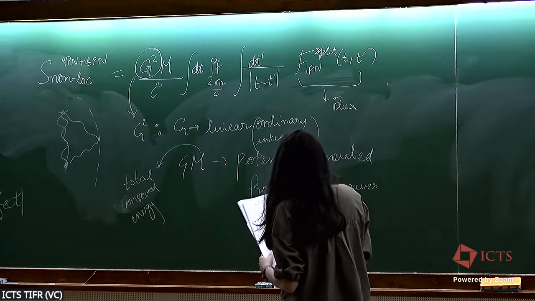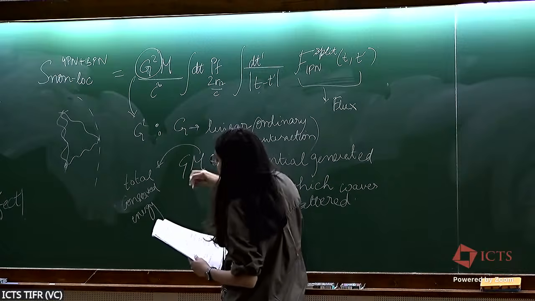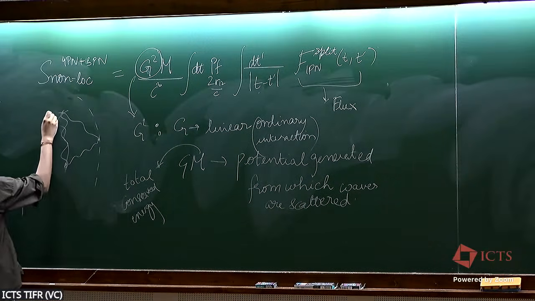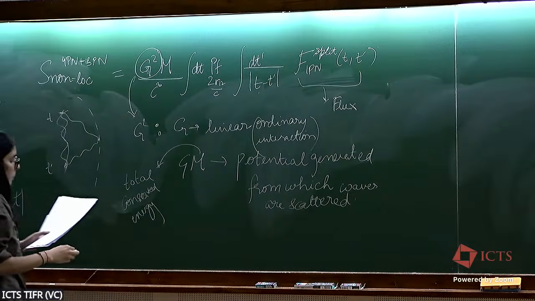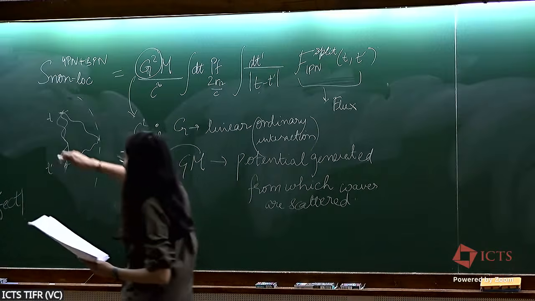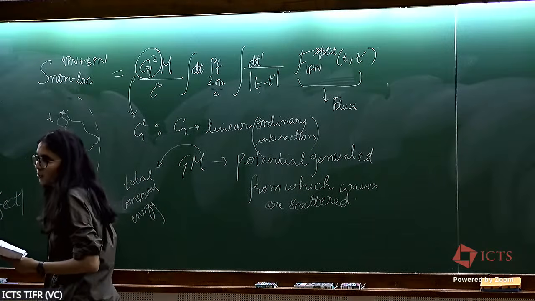Now we have this kernel, which is 1 over t minus t prime. Let's say that this is t prime and this is t. This is to capture how strongly the dynamics at time t is related to the dynamics at time t prime.